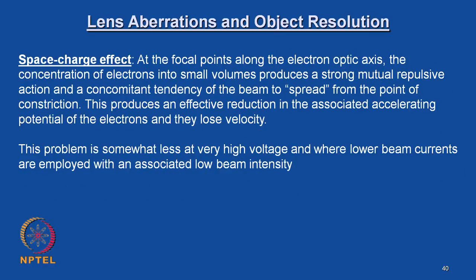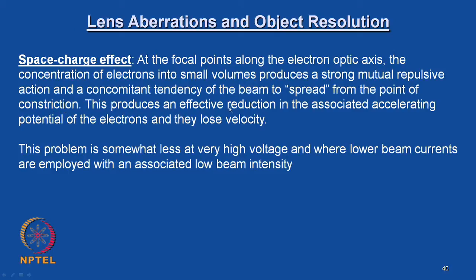Another important aspect of this electron optical system is the space charge effect. What is this space charge effect? At the focal points along the electron optic axis, the concentration of electrons into small volumes produces a strong mutual repulsive action and a concomitant tendency of the beam to spread from the point of constriction, that is, from the point of focus.